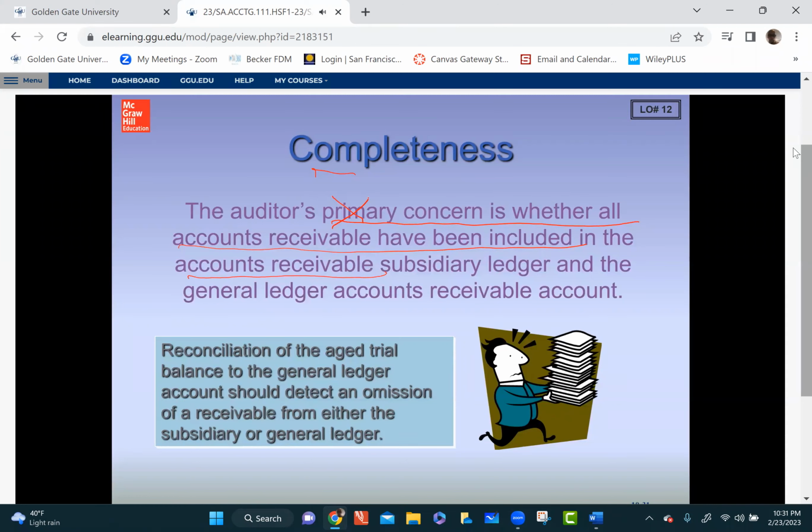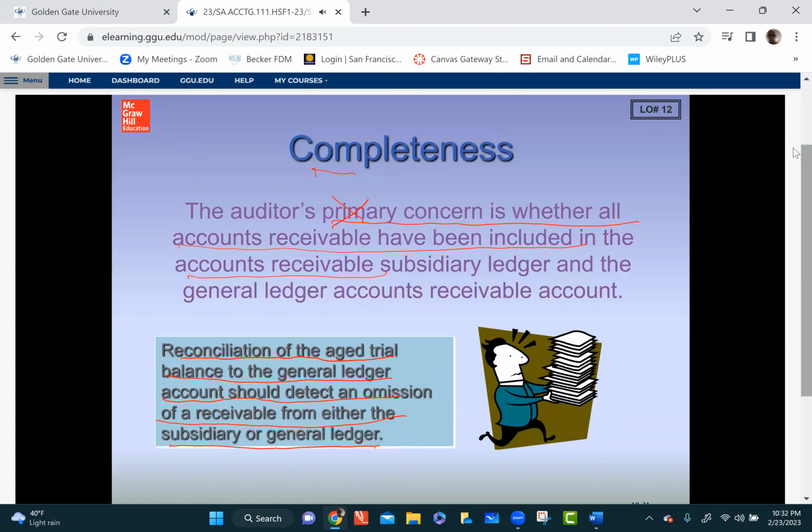And they talk about reconciling the aged trial balance to the general ledger account to detect an omission of a receivable from either the subsidiary ledger or the general ledger. And I agree that that would be a good procedure. But the one that I would want to do is to look at some cash collections that happened and see that indeed those cash collections were listed as a receivable prior to their collection.